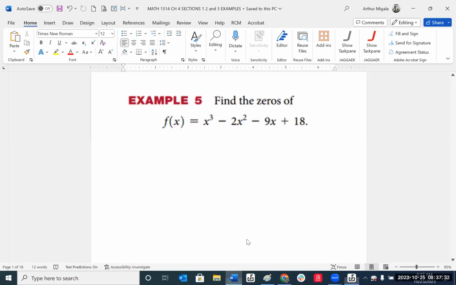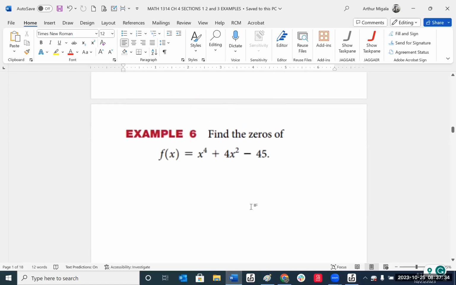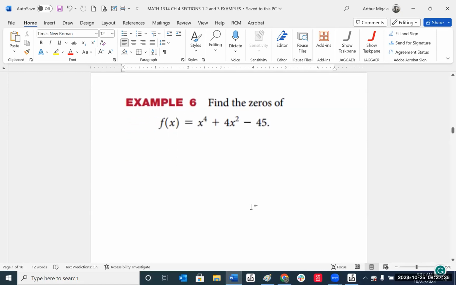All right, let's look at the next example. Let's find the zeros of this one. f of x equals x to the fourth plus 4x squared minus 45.